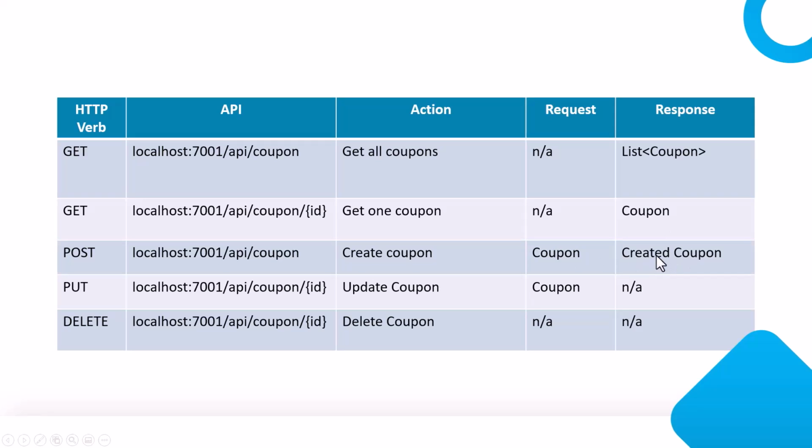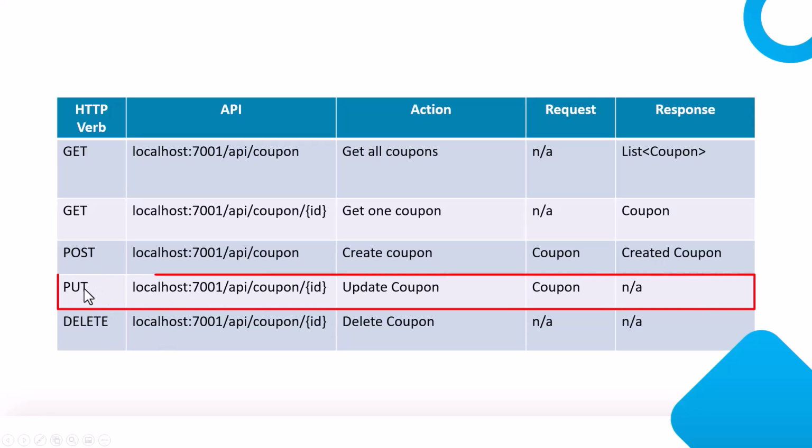Now, if everything here does not make sense right now, do not worry. I am just giving you a basic idea of API and its action. Next action or HTTP verb that we have is PUT, and that is to update any existing coupon. In the route here, when we are updating, we can pass the ID of the coupon that we want to update.